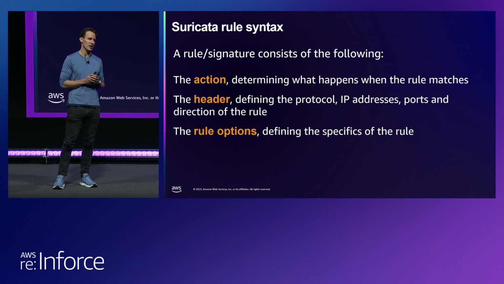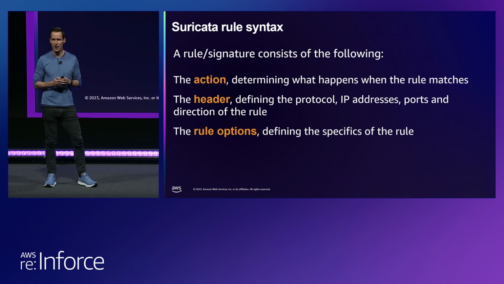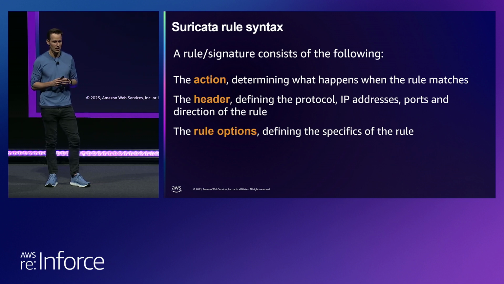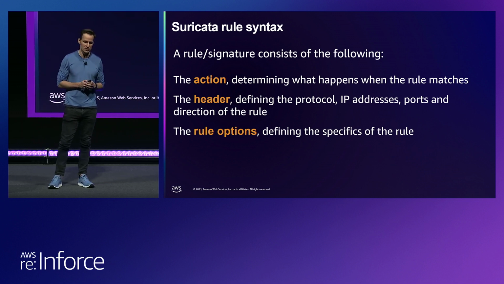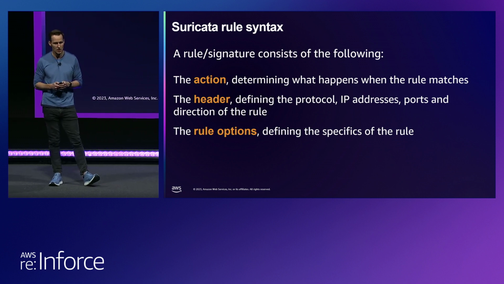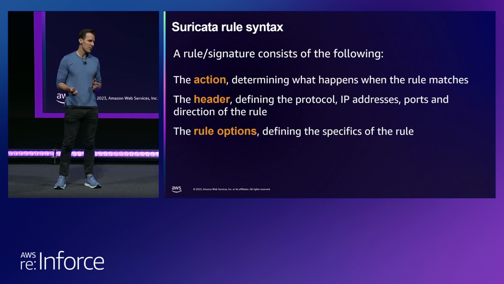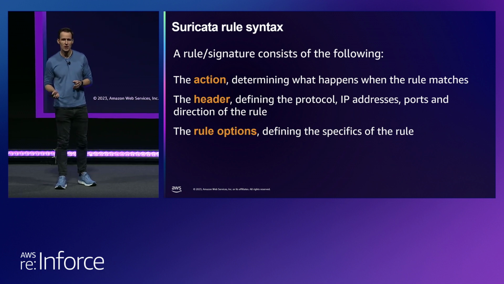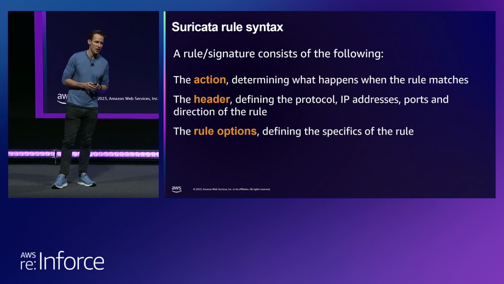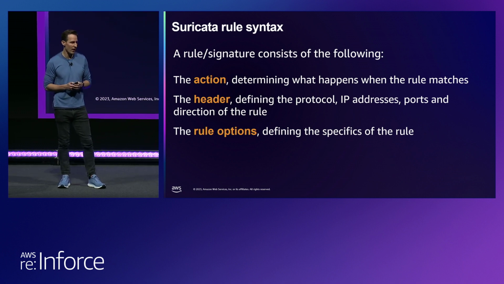Suricata has a very exhaustive and long list of rule options that can get pretty complex. Again, we're just going to skim the surface of that today, but there's pretty extensive online documentation for Suricata that you can go into and explore. Most of those options are supported by Network Firewall. There are a few exceptions, and I would point you to the Network Firewall documentation where it talks about some of those exceptions.